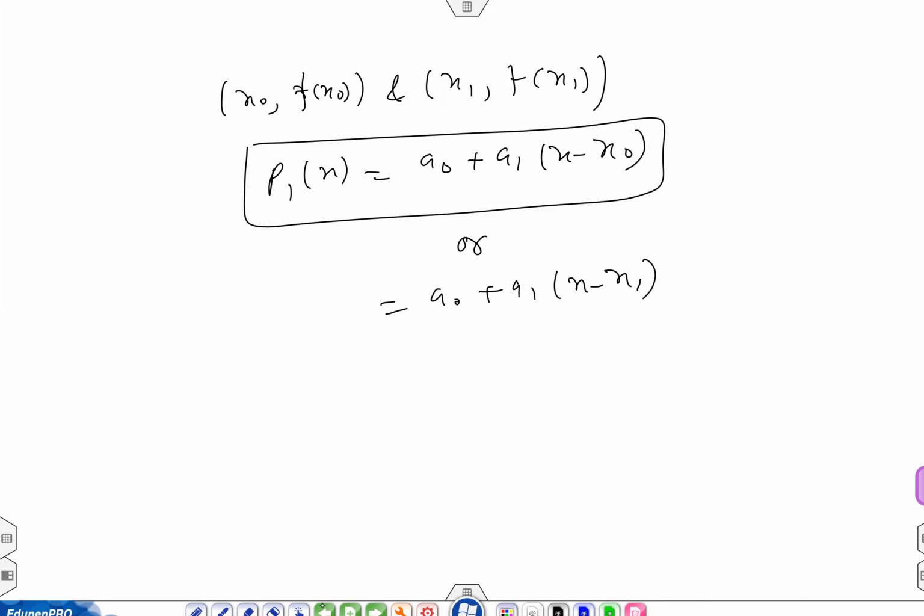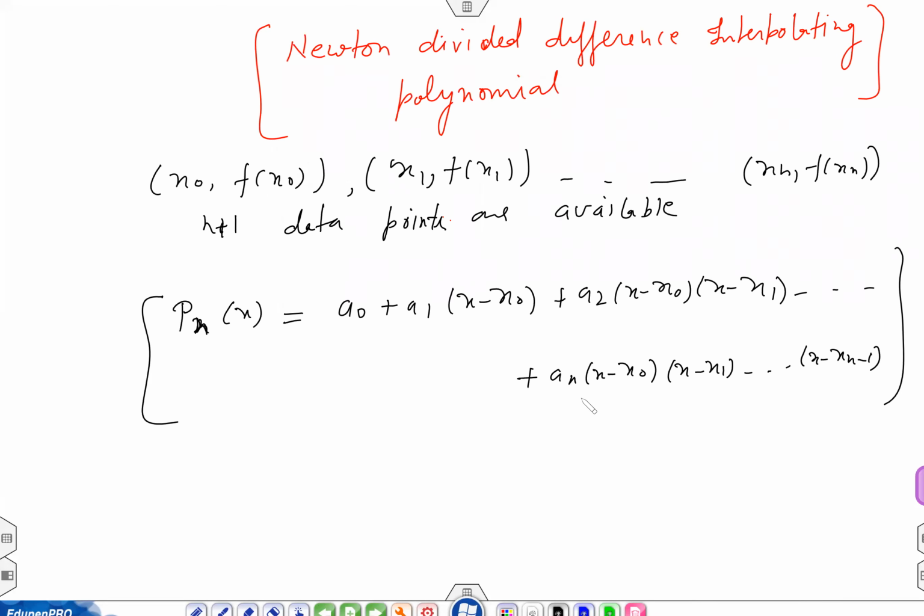In the same way, we are writing a general polynomial that is passing through these n plus 1 data points. We are assuming this polynomial is passing through these n plus 1 data points, so obviously these data points will satisfy the equation of the polynomial.